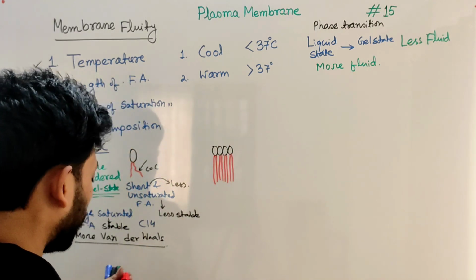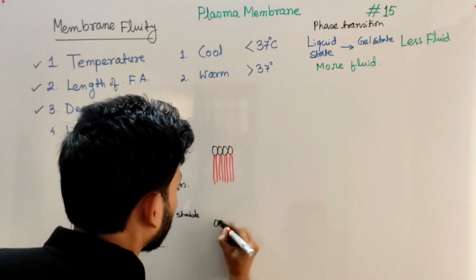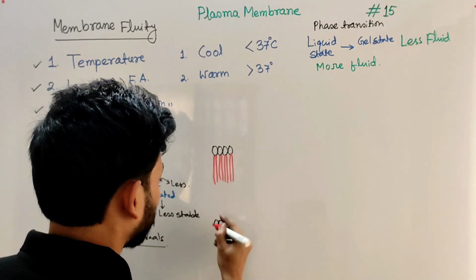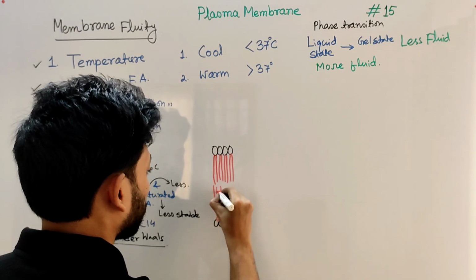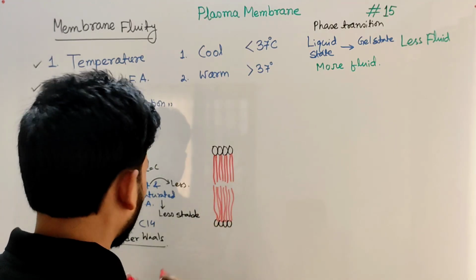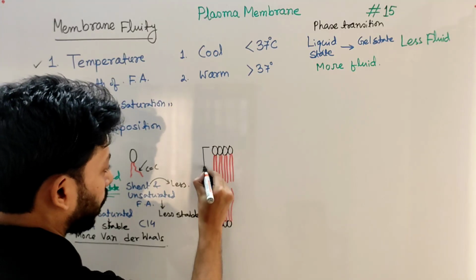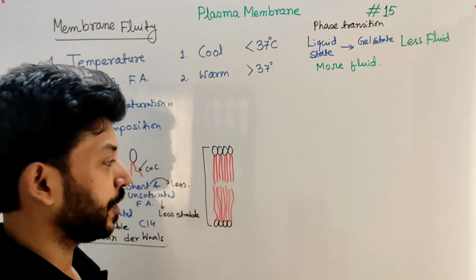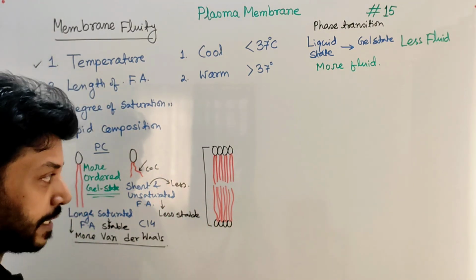So this is one layer of the fatty acids, and let's suppose this is another layer of the fatty acids. So if the bilayer of the lipid plasma membrane contains this type of long and saturated fatty acid containing lipids, then it is actually more ordered gel state.